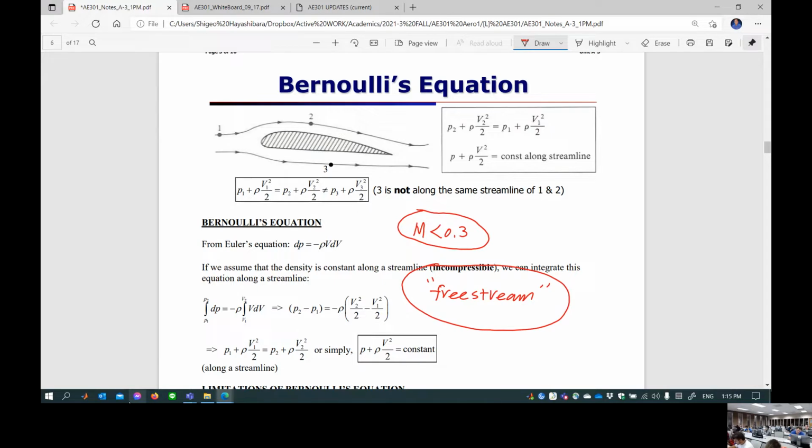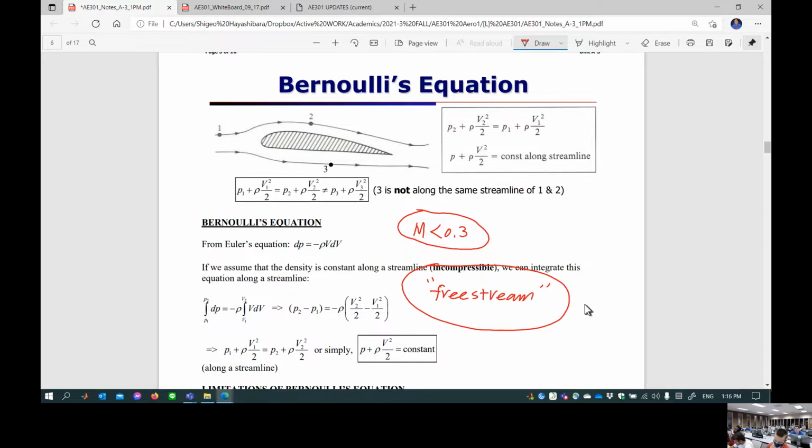This terminology actually comes from wind tunnel testing. In other words, this is the wind tunnel test section airspeed, which is not affected by the presence of a test model. Ideally speaking, if this is infinitely far away from the presence of this body, it is called free stream.